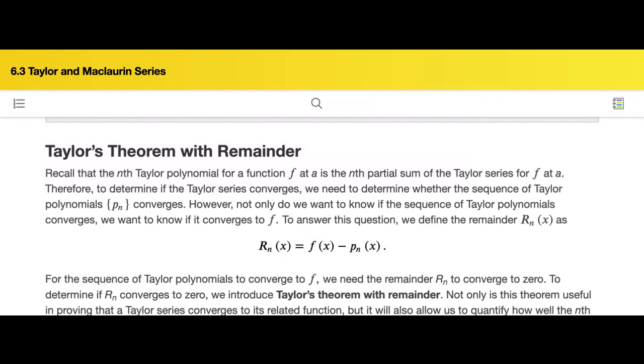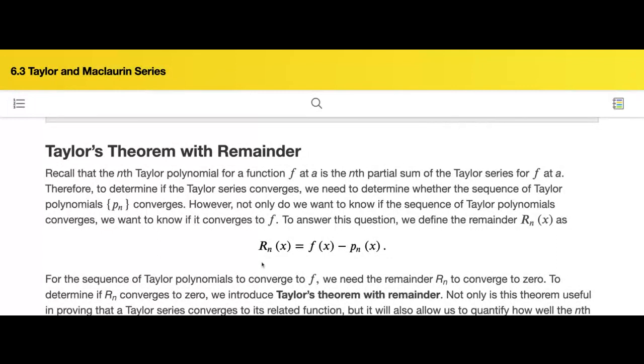All right, so Taylor series is an infinite series. So when we represent a function, we want to represent it with the nth order Taylor polynomial plus the remainder. Ideally, the remainder goes to 0.